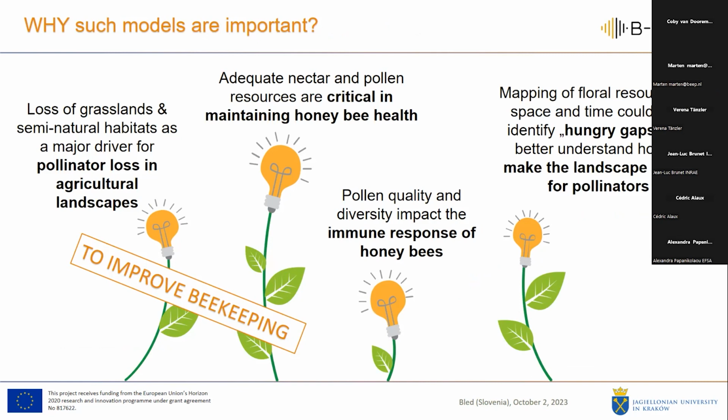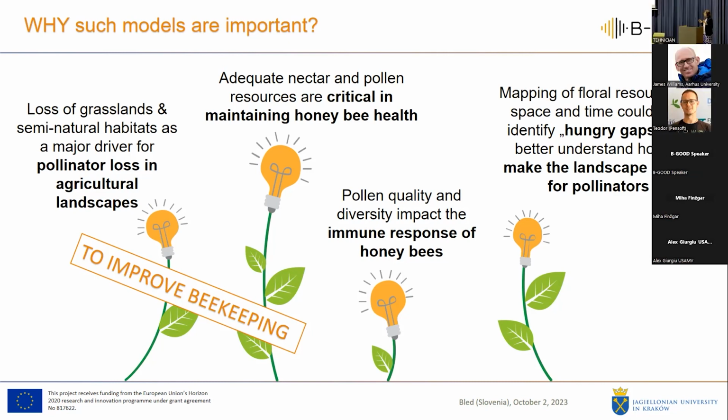One of the major drivers responsible for that is the changes we observe in the landscape structure: the decrease in grasslands, and the decrease of small features in the landscapes like hedgerows, field margins, and so on. So our landscapes are changing, and the question is whether they are changing in a good way to support pollinators and other beneficial organisms living in these landscapes.